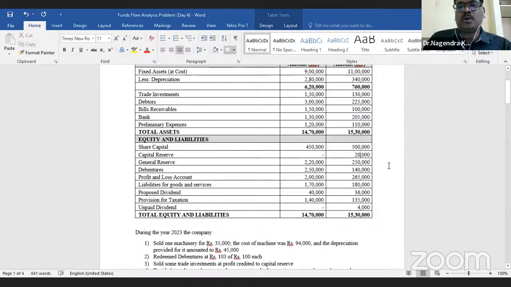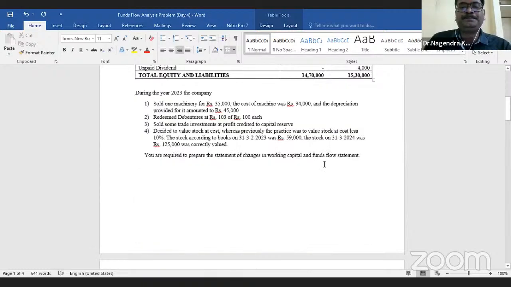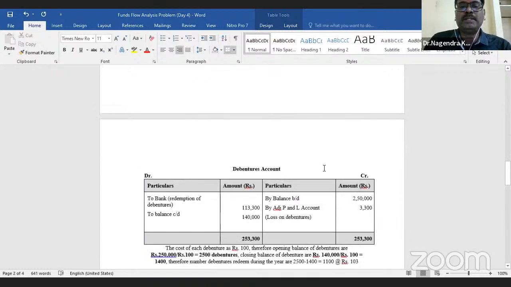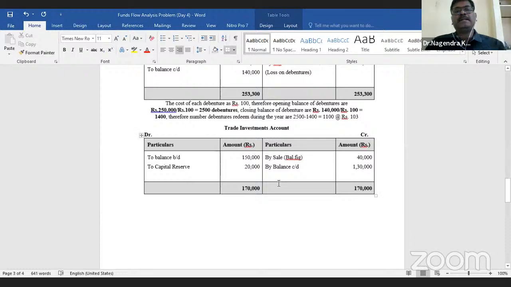So what is the profit that we got? The profit is 20,000 rupees. Now let us draw the account and see how much value of investments was sold during the year. The opening balance is 1,50,000, and this is the closing balance, and we transferred an amount of 20,000 from the trade investment account to the capital reserve account.